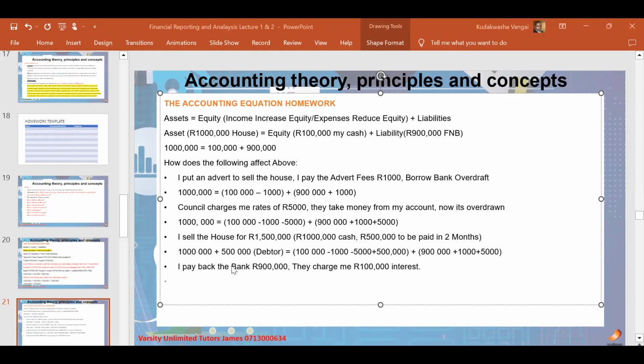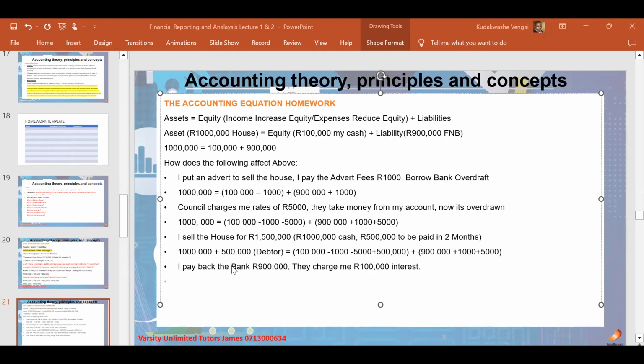How is it going to affect my assets? How is it going to affect my liabilities? So if I pay money back to the bank, I've paid the bank using cash, so my cash is going to be reduced. This is going to be reduced, this is going to be increased and whatnot at the end of the day.